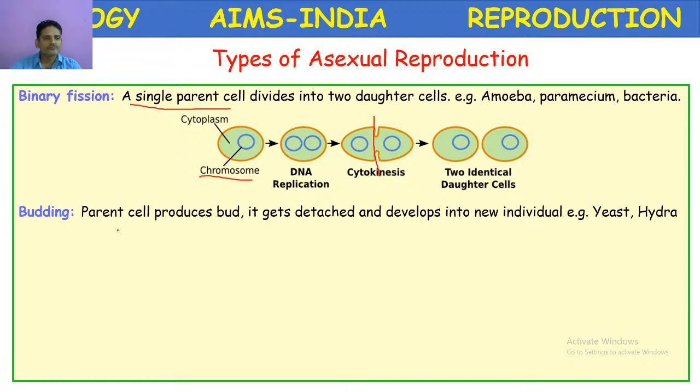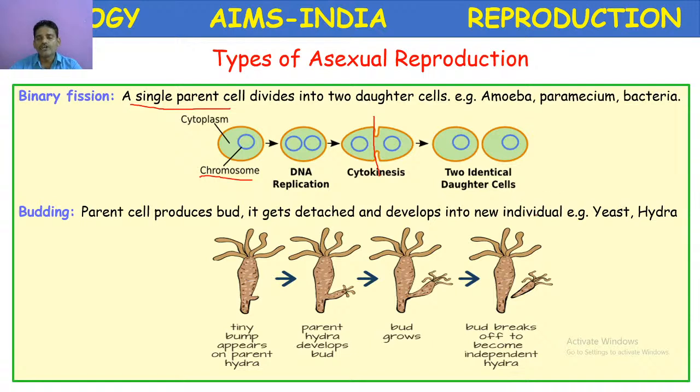Next, budding. Here also a single parent is involved. The parent cell produces buds. It gets detached and develops into a new individual. For example, yeast and hydra. In plants, yeast we can take. In animals, hydra. If you take hydra, a tiny bump or bulge appears on the parent hydra.